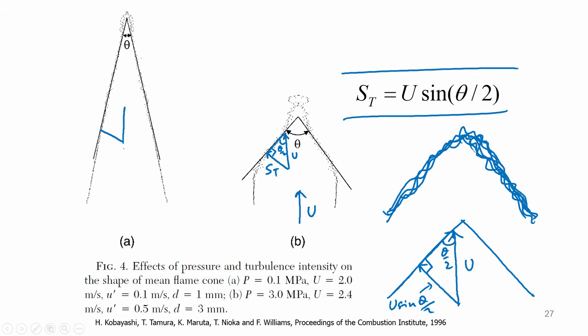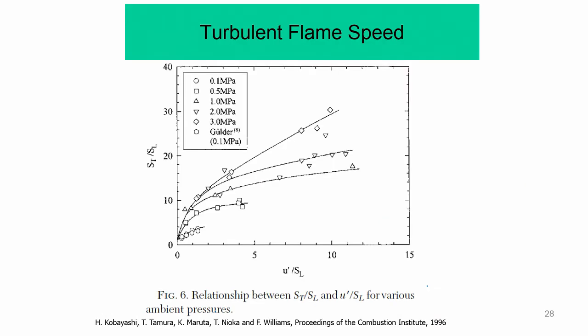So if I can extract this mean flame cone and find the different thetas for different configurations, then I can find my turbulent flame speed. They did experiments for different configurations, and when they put this in a plot, we see ST by SL against u prime by SL.